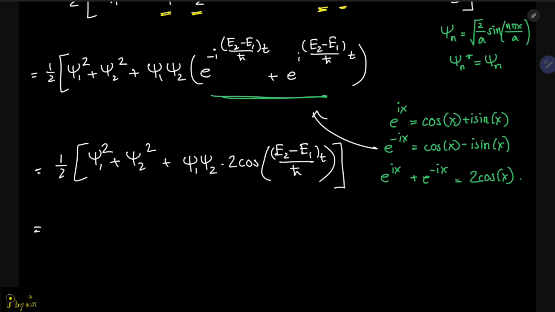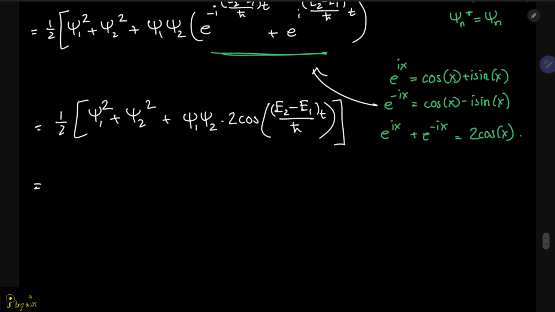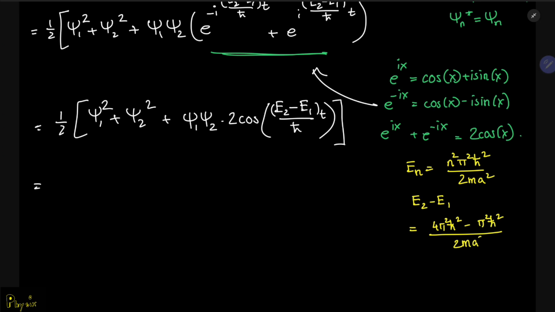All right, so now what we're going to do is break down our (E2 minus E1) over ħ. Now recall that in the infinite square well, the allowed energies E sub n had the form of n squared pi squared ħ squared over 2m a squared, right? So in that case, E2 minus E1 is basically 4 pi squared ħ squared over 2m a squared minus pi squared ħ squared over 2m a squared.